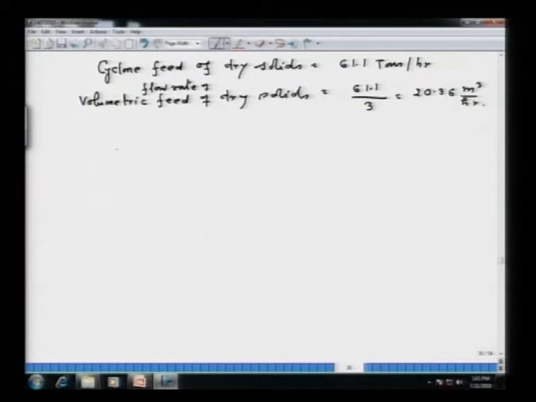Now, how will you find out the volumetric flow rate of water? Any clue? I am just writing, and you think before I finish my writing.